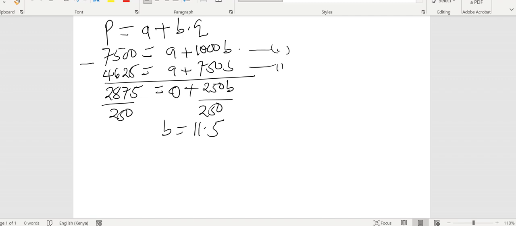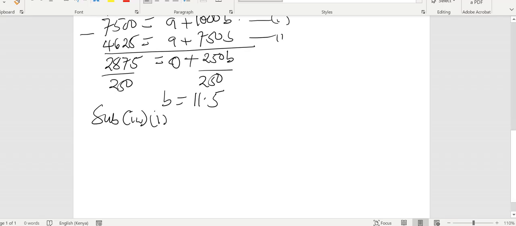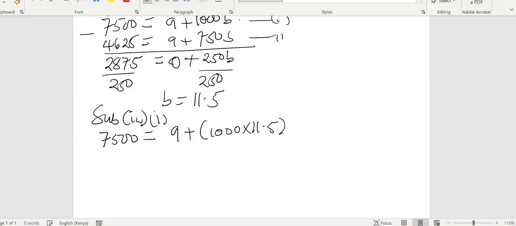Substitute in equation 1. I will have 7,500 equals a, what we are looking for, plus 1,000 multiplied by 11.5.